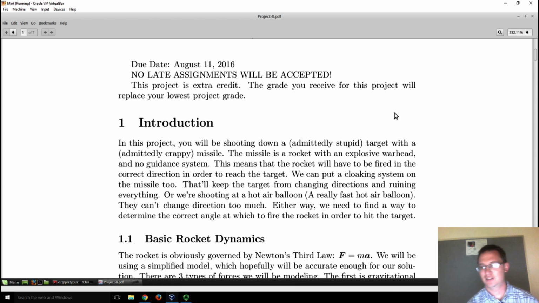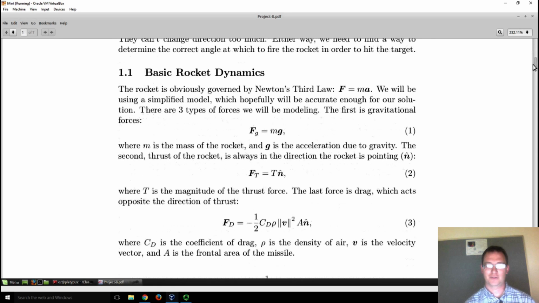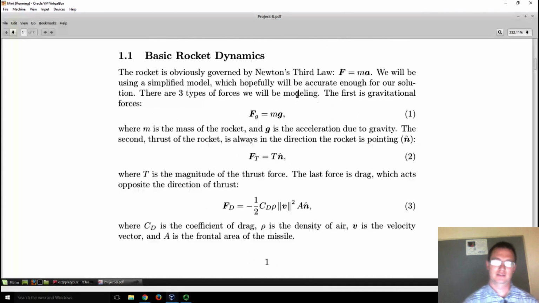And that's where the genetic algorithm comes in. But first, we got to talk about the rocket. So the rocket is, of course, governed by Newton's third law. And so we're going to have three basic forces. We have our gravitational force, our thrust force, and then our drag force. And the drag force keeps this from being an easy problem.